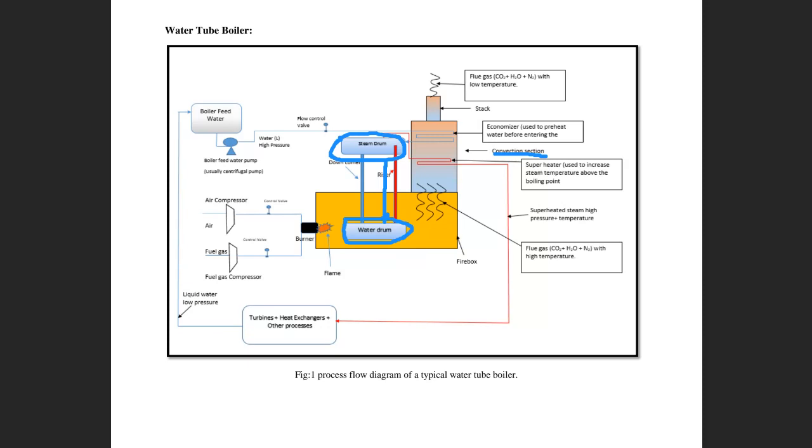We said that there is what is known as the firebox, and this firebox is also known as the radiant section. And we have the convection section as well, right here. Let me erase this. And we have the convection section, and we have the stack.